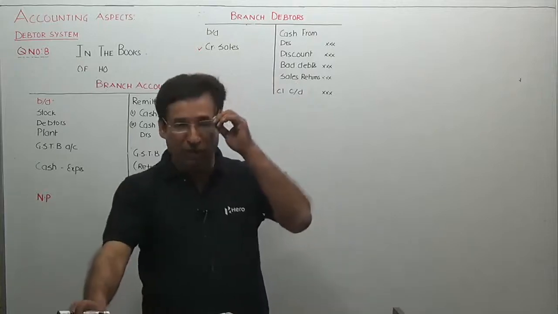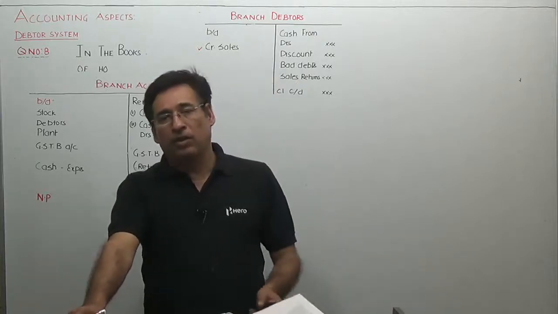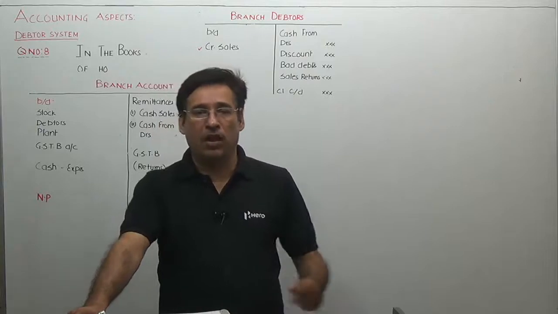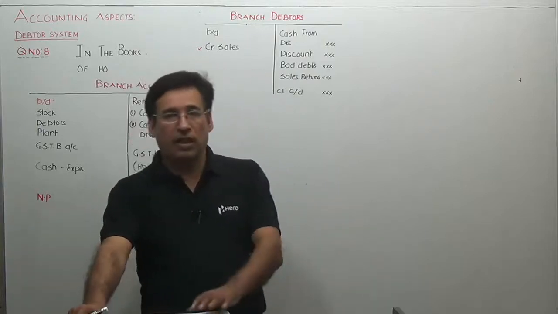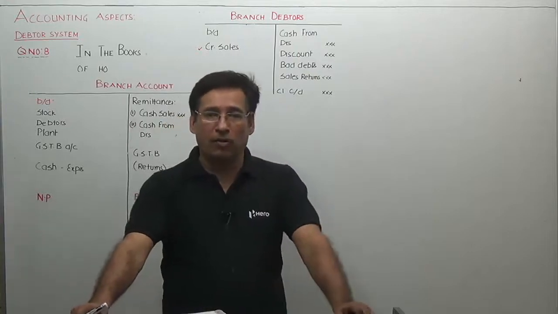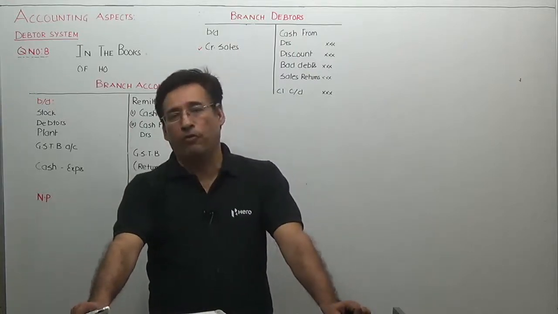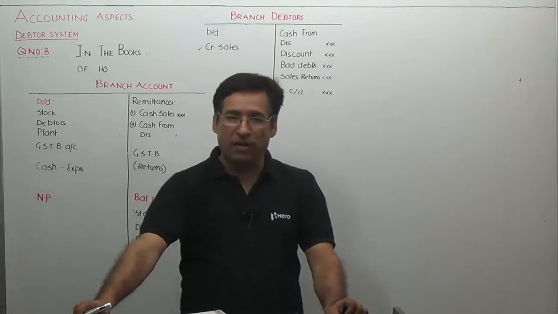Please pay attention. The name of the method is not written. It is just written that we are supposed to prepare a branch account. So if the question states that you should prepare only a branch account, it means you have to follow the branch debtors system. Is it clear?